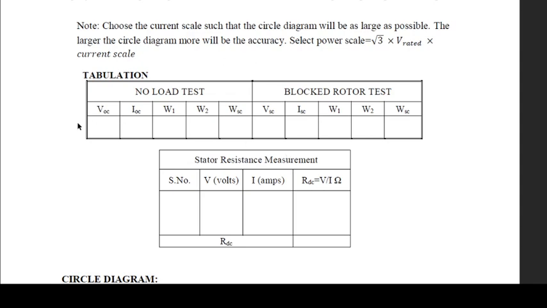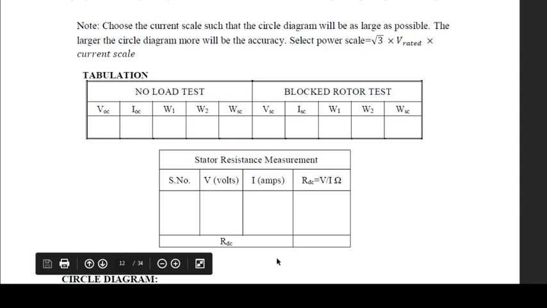We have to mark all the values, VOC, IOC, W1, W2, WSC, for the no load test. Likewise for the block rotor test we have the same type of tabulation here. We also have to find the stator resistance measurement. This is the tabulation of our experiment. We will do the tabulation later.